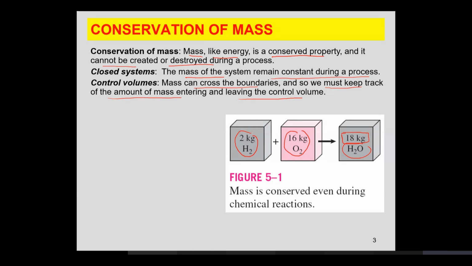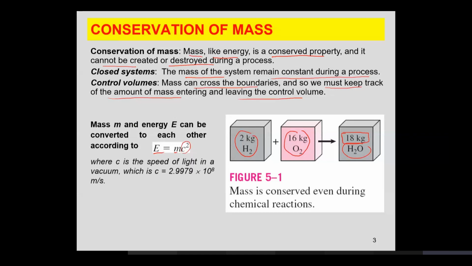The all-time famous equation that relates mass and energy is E equals mc square, where energy is related to mass as a product of the square of the speed of light, which is roughly 3 into 10 to the power 8.